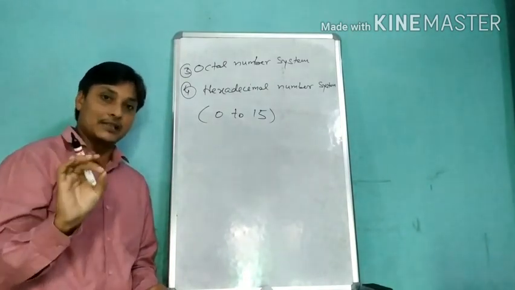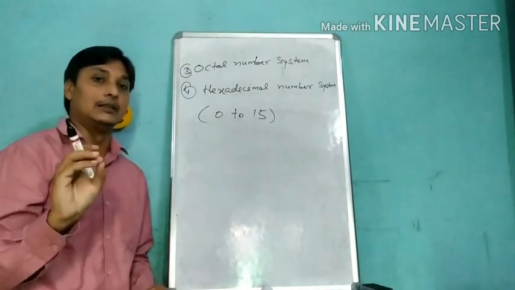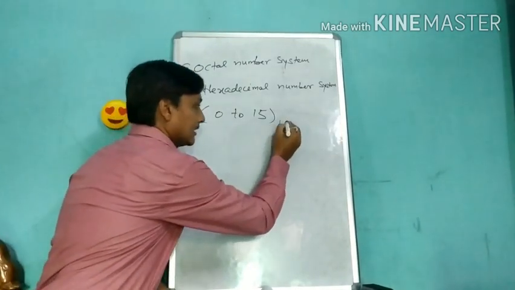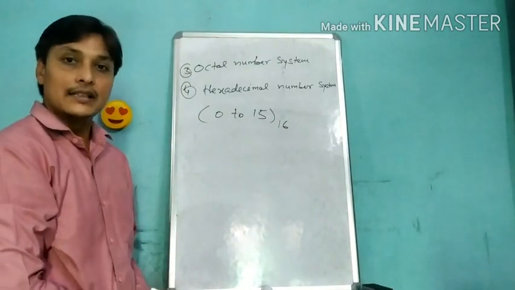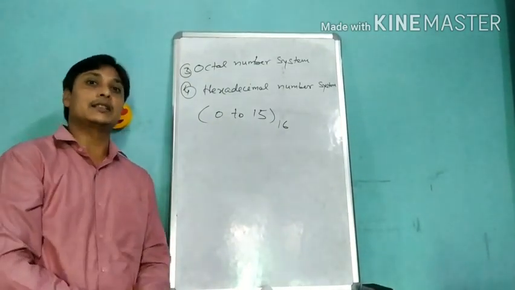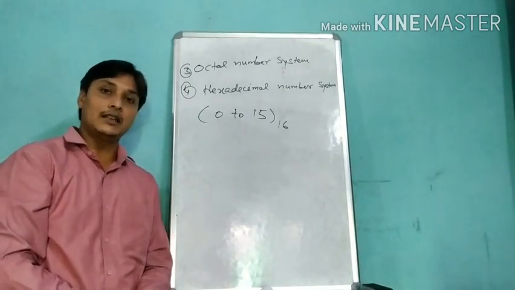In the hexadecimal number system, the numbers will come between 0 to 15 and the base will be 16. As we know, if we count 0 to 15, we will get 16 numbers.